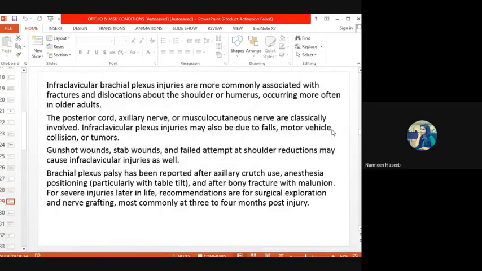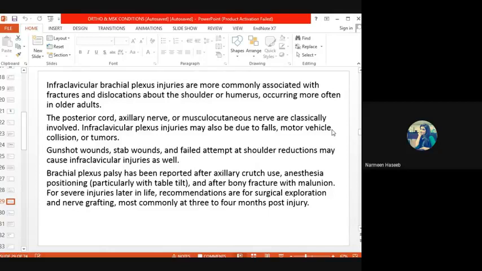Infraclavicular brachial plexus injuries are more commonly associated with fractures and dislocations about the shoulder or humerus, occurring more often in older adults. The posterior cord, axillary nerve, or musculocutaneous nerve are classically involved. Infraclavicular plexus injuries may also be due to falls, motor vehicle collision, or tumors.